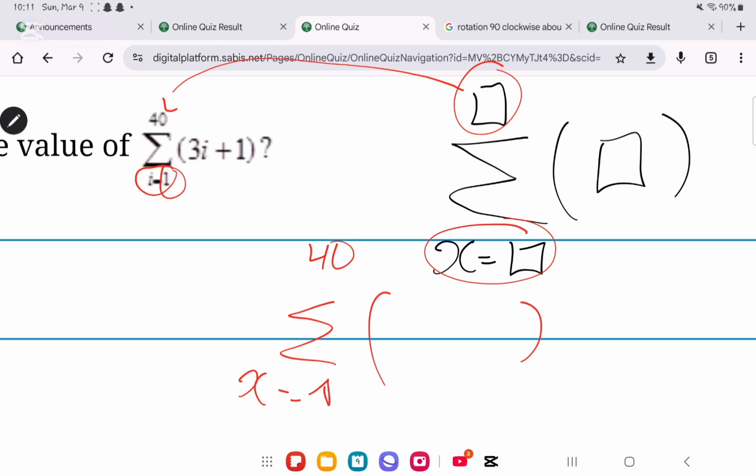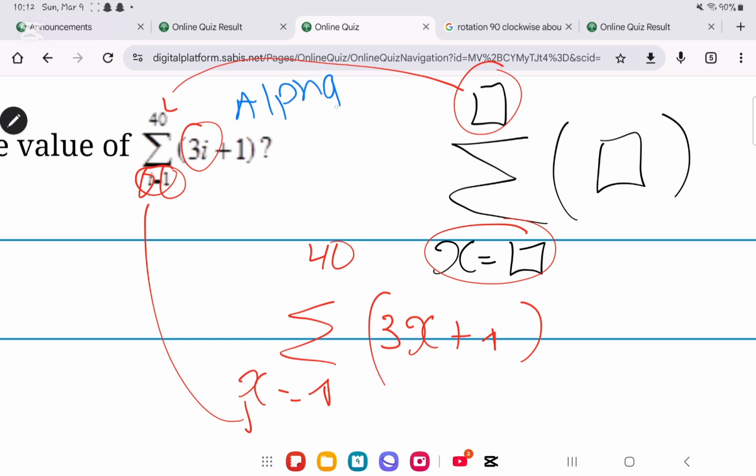And then now in the brackets, what do we do in the brackets? Very simply, we have 3i. Remember, we said that I is x. So very simply, on the calculator, you will put 3x plus 1. If you don't know how to put x on your calculator, you have to click on the alpha function. There is an alpha function. Okay?